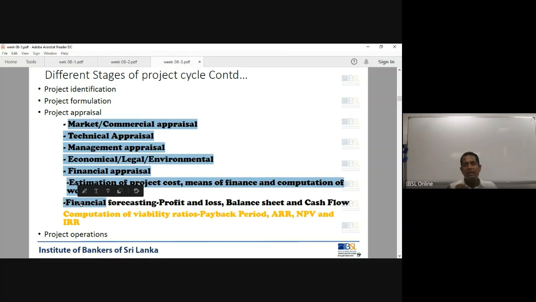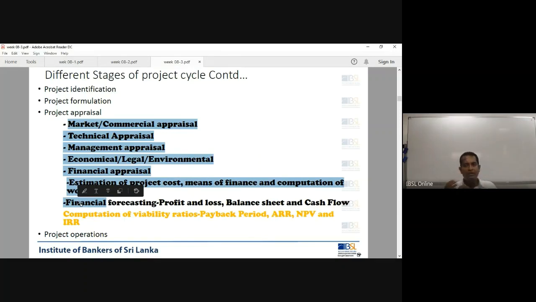Based on that, we can plan the technical part, human resource part, management part, and environmental part, and everything will rotate around this market and commercial appraisal. So for any project, the first and most important thing is the market appraisal. Then we go on to the technical appraisal. What methodology do we use to produce, whether batch production or continuous production?